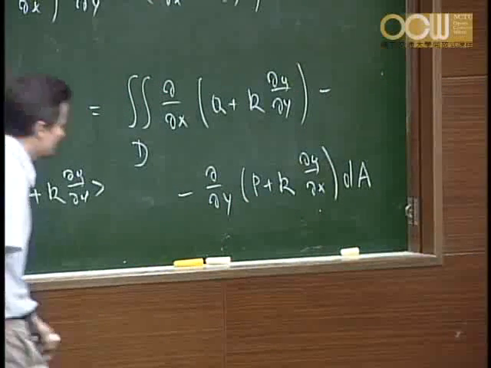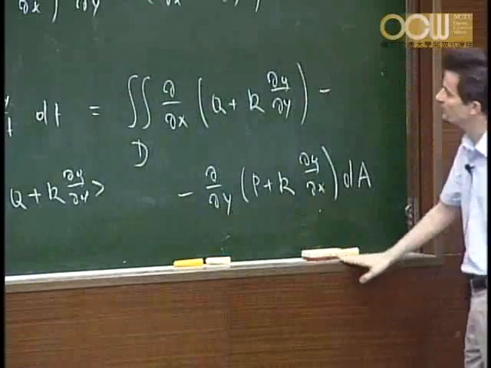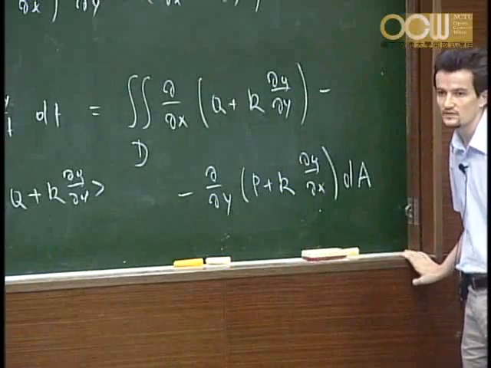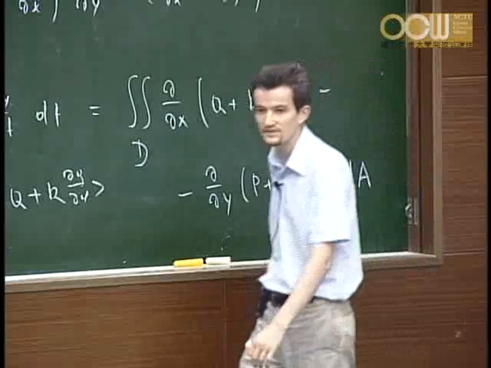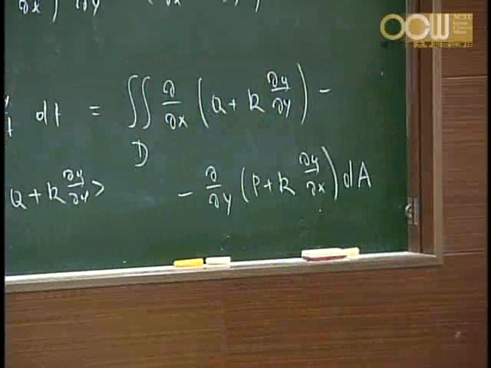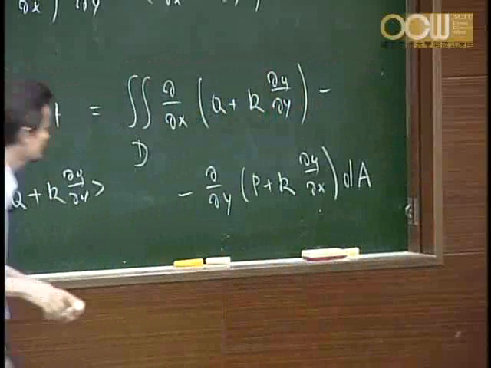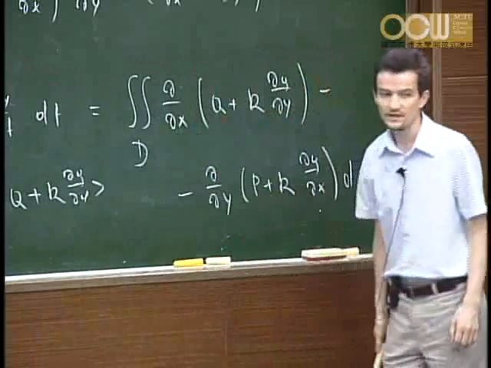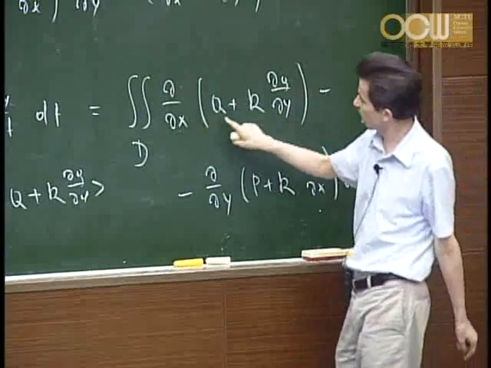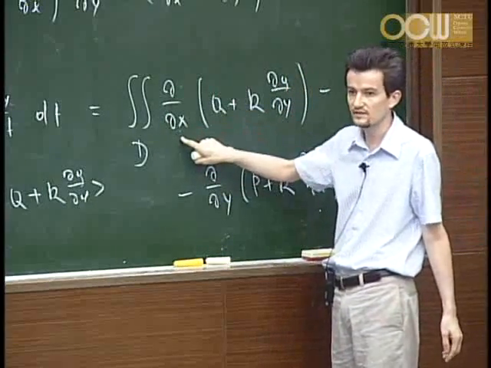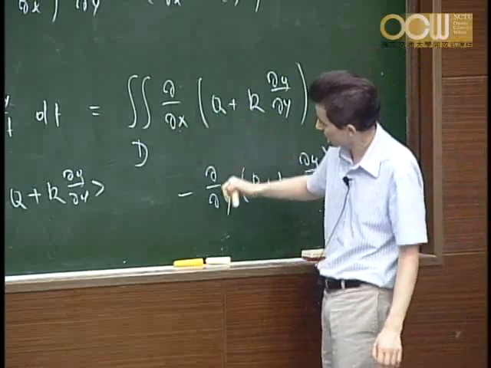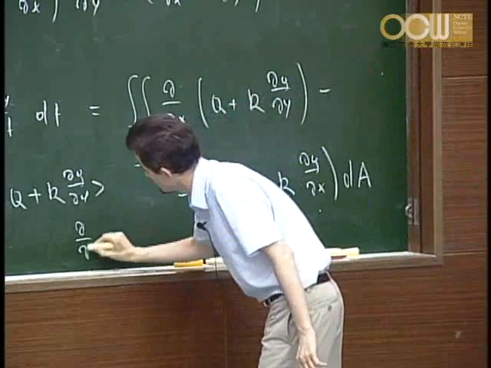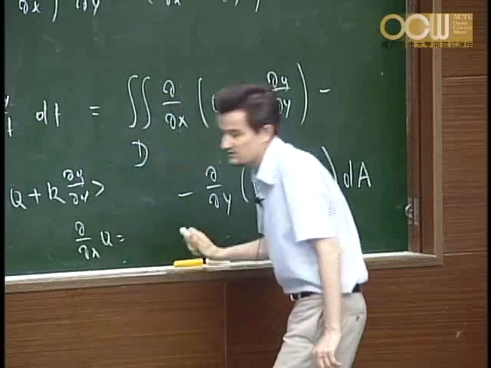Maybe because of time, the only thing you have to do is rearrange this here, and you will see rather quickly that this is equal to this one. What I still have to compute is this partial derivative here, and you have to be careful. The partial derivative of q with respect to x is not just this term here.